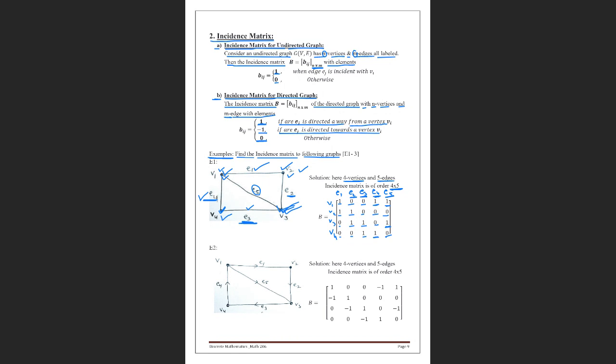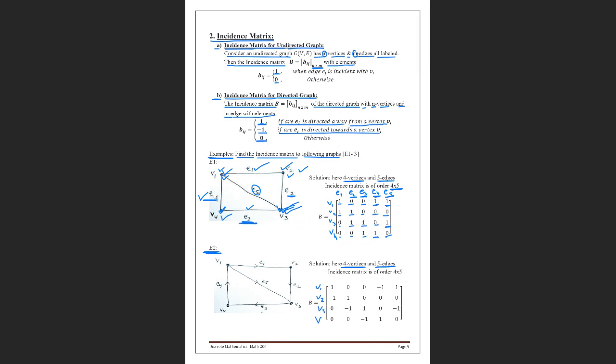Incidence matrix. Okay. Now come to the next question. This is a directed graph. See the directed graph. Here 4 vertices and 5 edges. Okay. So same way you will write vertex here, V1, V2, V3, and V4.